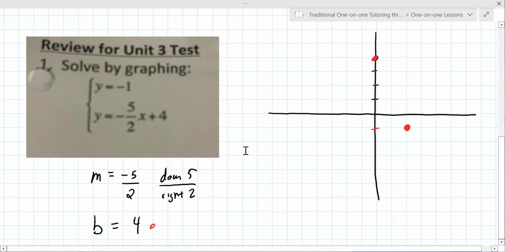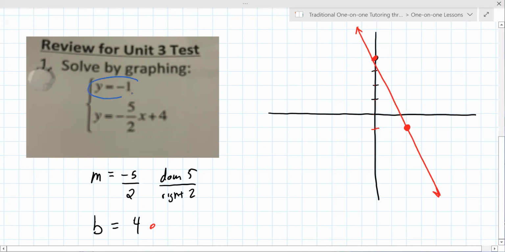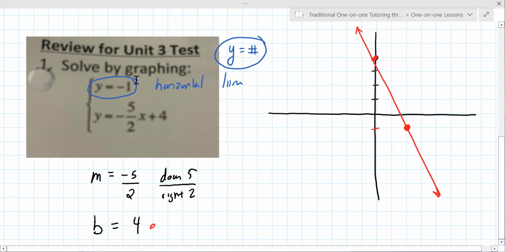So this line looks like this. Now we're going to talk about the other line. This is a horizontal line. Anytime it's in the form y equals a number, you have to know that that's a horizontal line. It goes through -1.